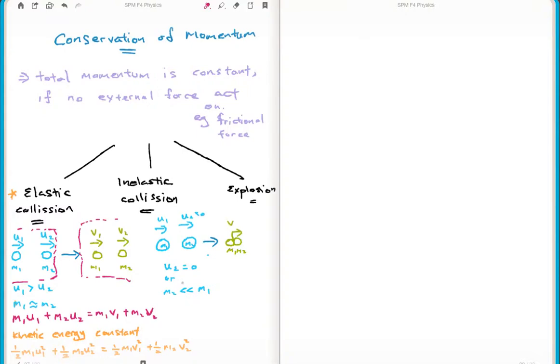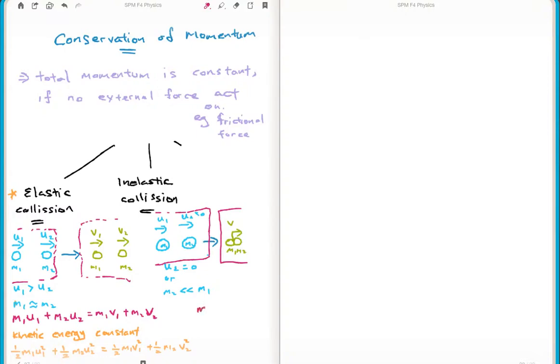So here only momentum is the same. This is what I have before the collision. After the collision, this is what it is. The equation, I think I will just erase the explosion part so that it won't be so confusing later. Right. So what happens here?